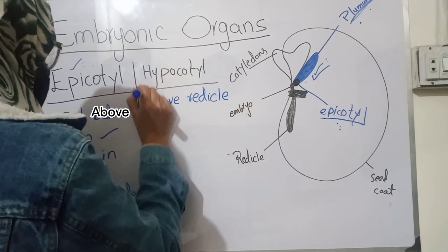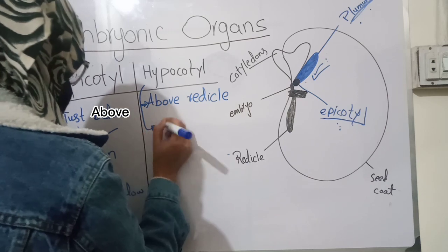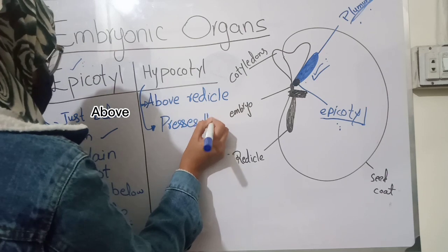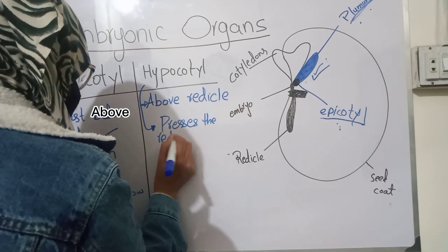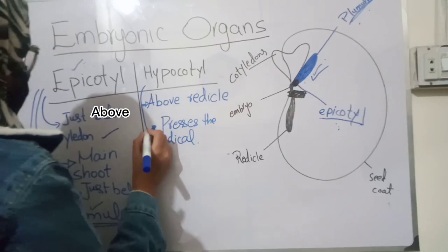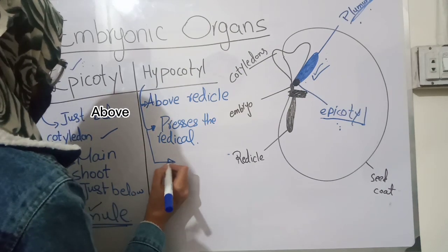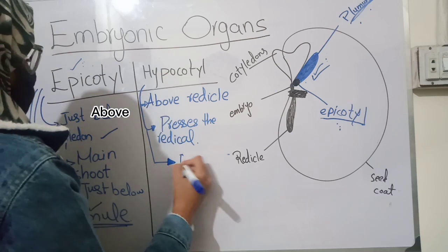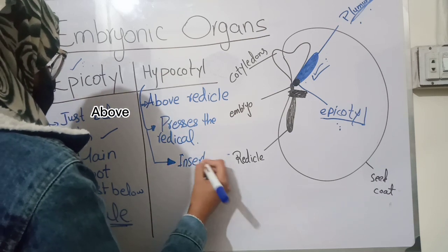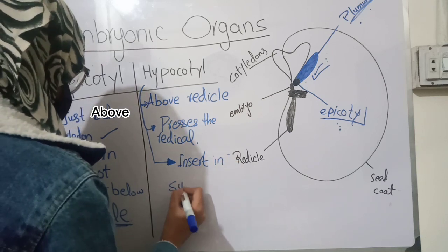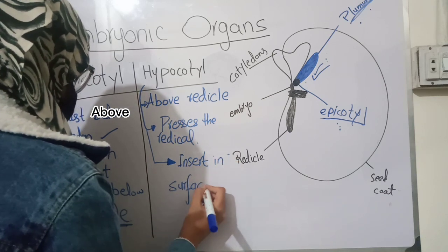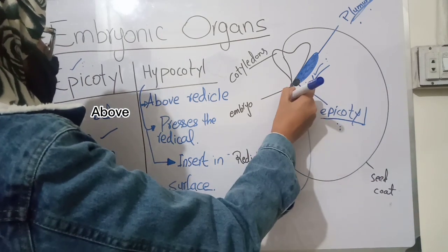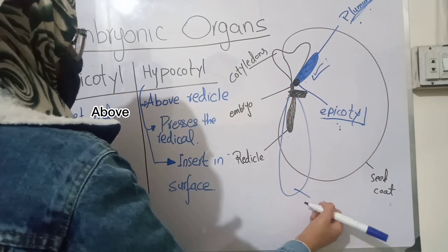It exerts pressure on the radicle, so that the radicle inserts in the soil surface and changes to taproot, which is the most dominant, central and thick root.